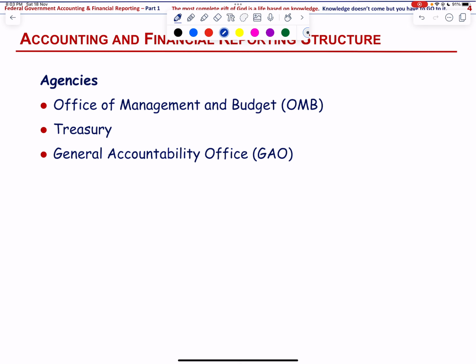They are the Office of Management and Budget, OMB. It assists in preparing the budget and overseeing its execution. Treasury, they provide central payment services for federal government agencies. And the General Accountability Office, GAO, the legislative auditor.